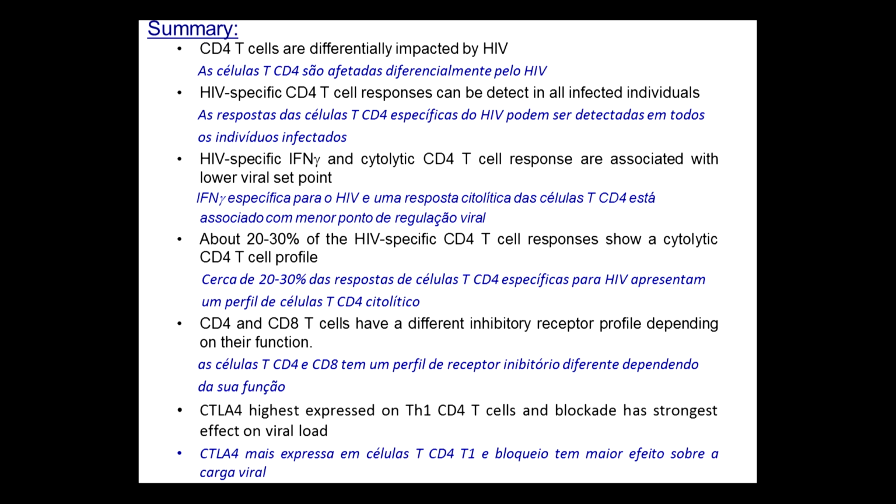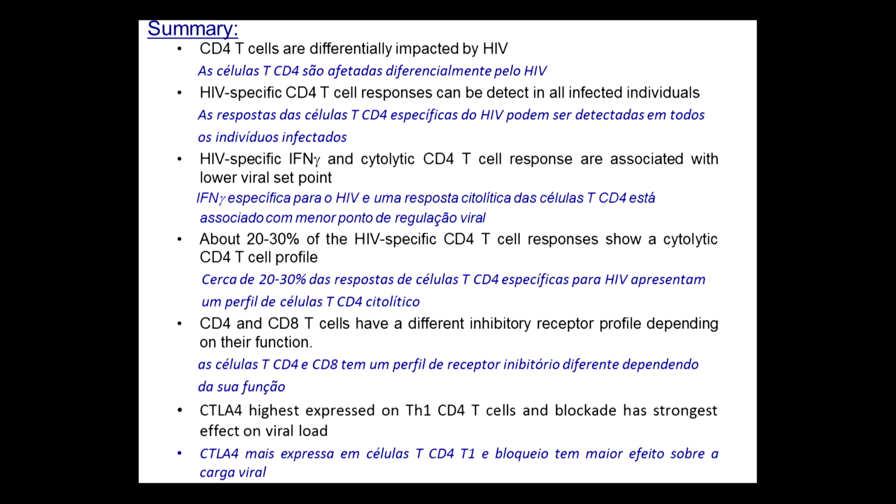That's why we see a loss over time of the HIV-specific CD4 T cell responses, because they're infected and depleted. But this is not as strong over the time of one year into the chronic phase, so that even in the late chronic phase, in the high viremic progressors, we can still detect antiviral HIV-specific CD4 T cell responses.